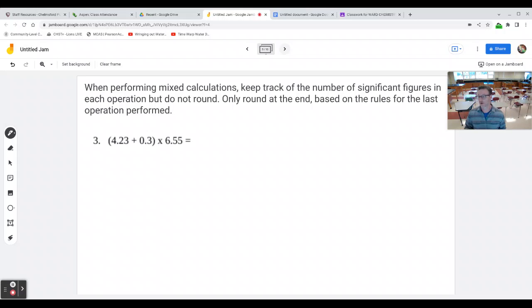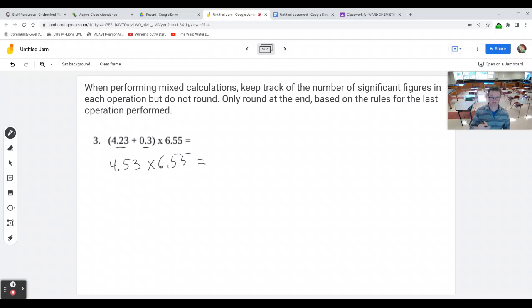So in this case, we're adding 4.23 and 0.3. Because of the parentheses, the order of operations says I have to do that first. So let's do that. And then we have 4.53 times 6.55. So I've done the adding and subtracting.